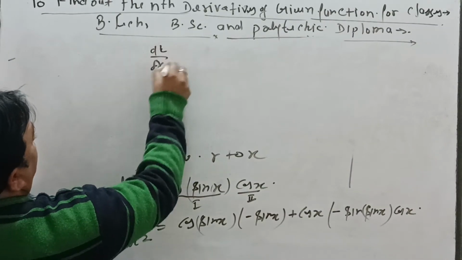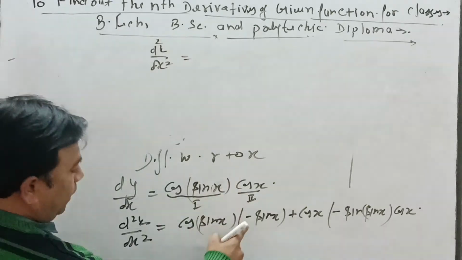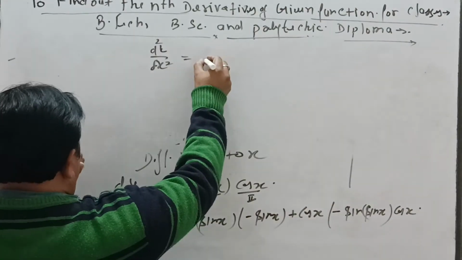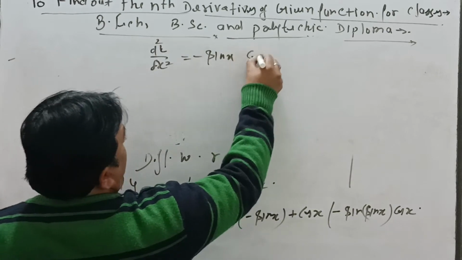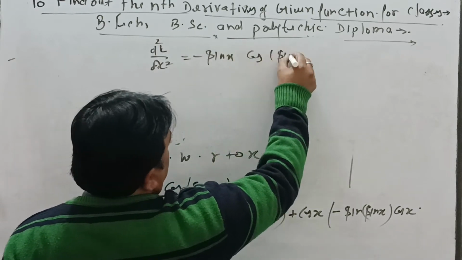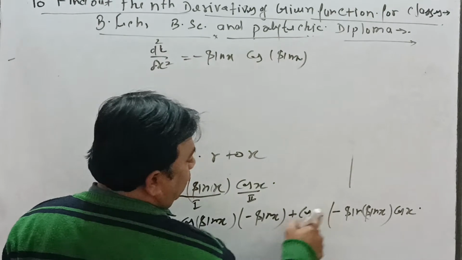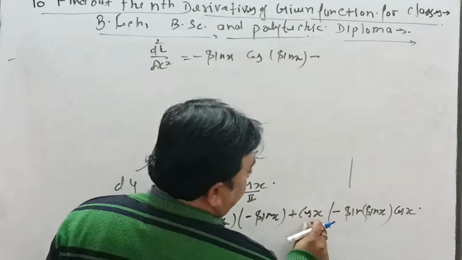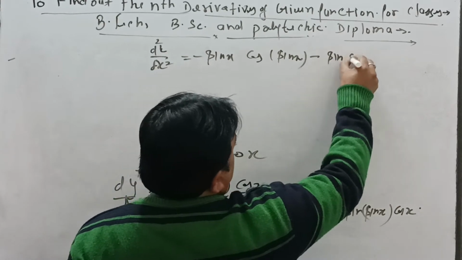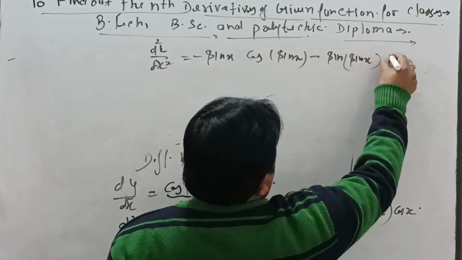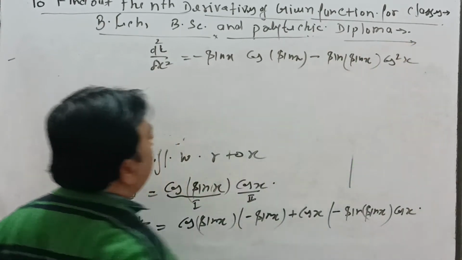d2y over dx2 equals minus sin x, and again the product minus cos x times cos x, which is cos square x.